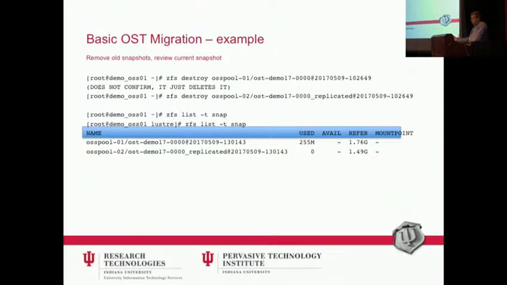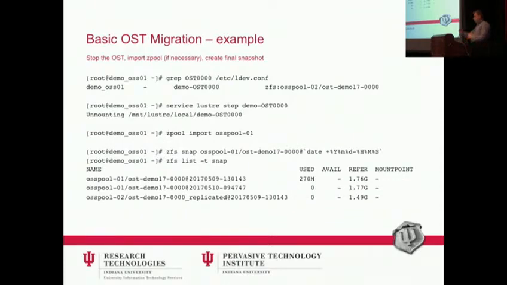The ZFS destroy command, which is how we're cleaning up the snapshots, as it's noted there, is not going to ask you, are you sure, or did you type it right? It's just going to delete it. So please make sure that you have the syntax correct before you issue that. Then you can follow up with your ZFS list command to see, did it delete the snapshot that I expected it to.